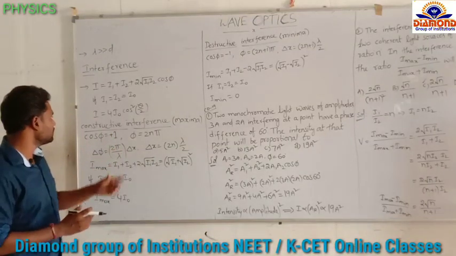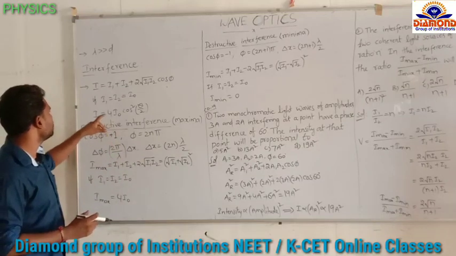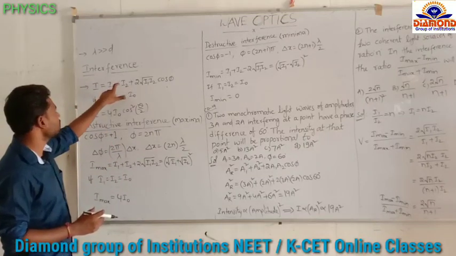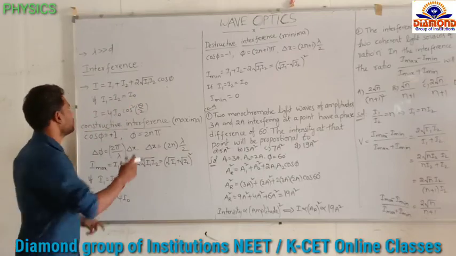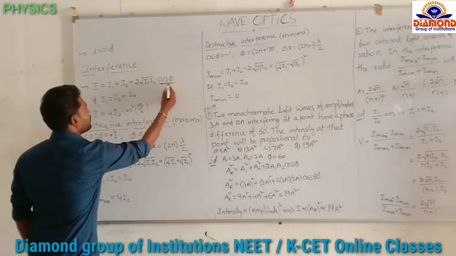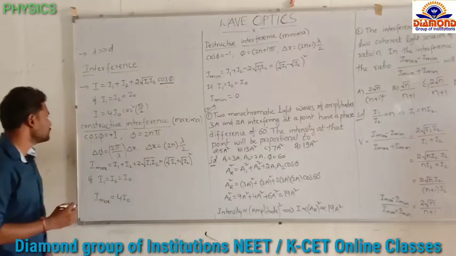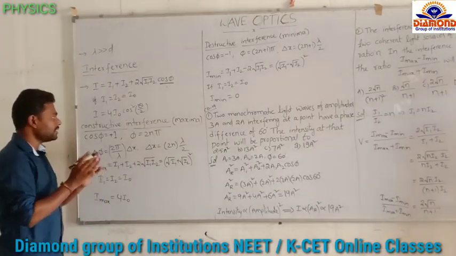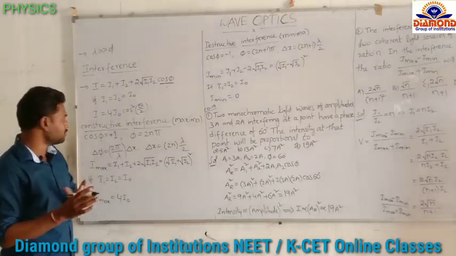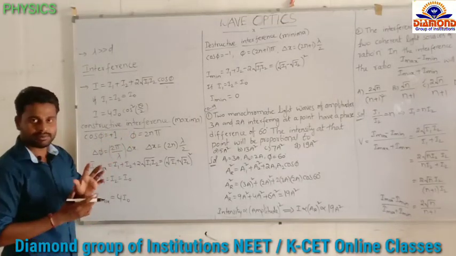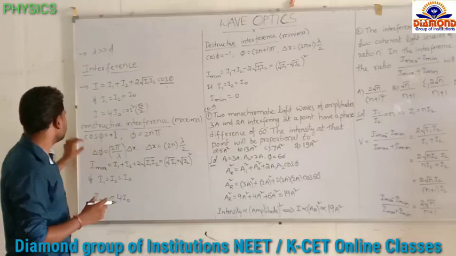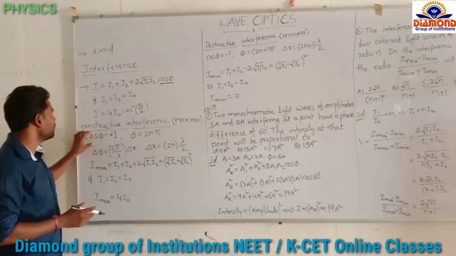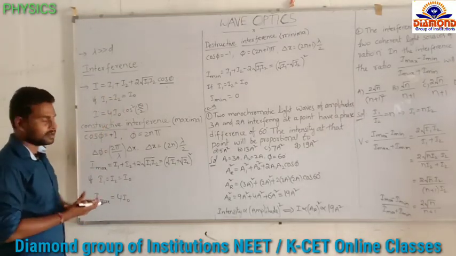We already have the formula I equals I1 plus I2 plus 2 root I1 I2 cos phi. If the cos phi value is maximum, then the intensity is maximum. The value of cos phi lies between minus 1 and plus 1, the minimum value being minus 1 and the maximum value being plus 1. So for constructive interference, cos phi should be plus 1.